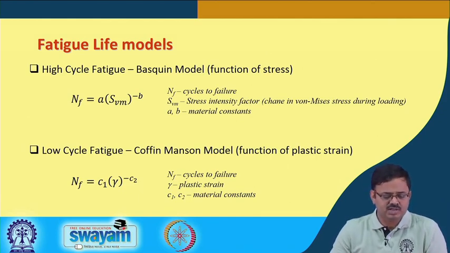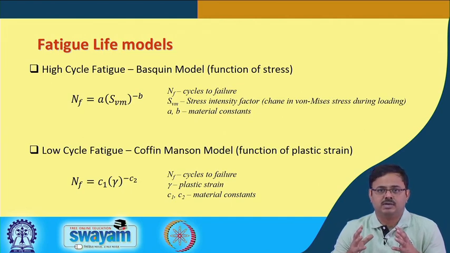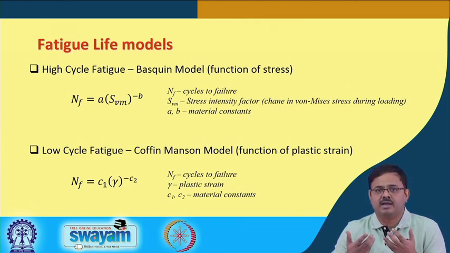So, fatigue life models. High cycle fatigue is a function of stress, as we talked about, and the Basquin model is something very well known. So, we have understood why this happens. That understanding is there. Then you can do a lot of analysis.